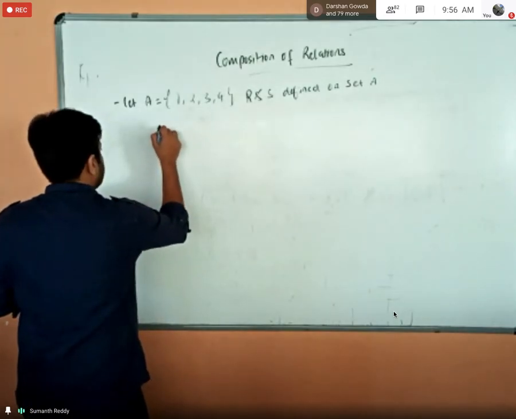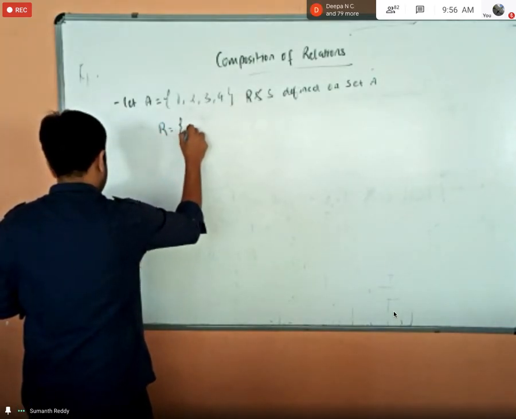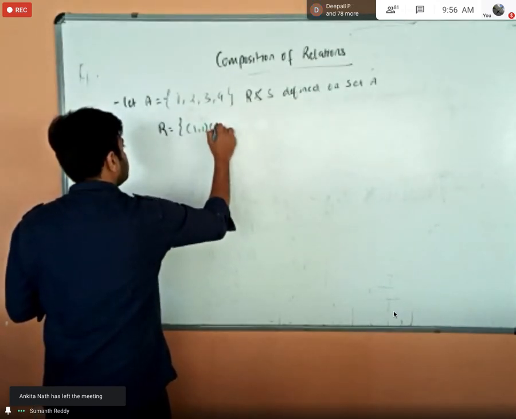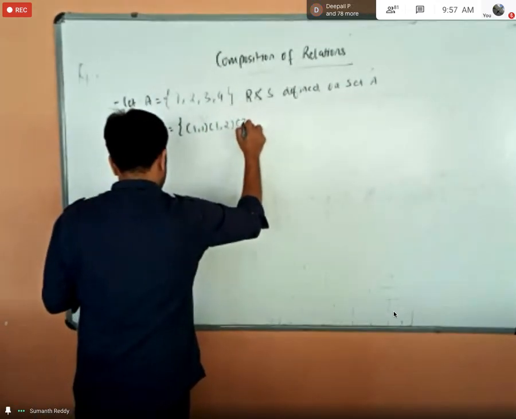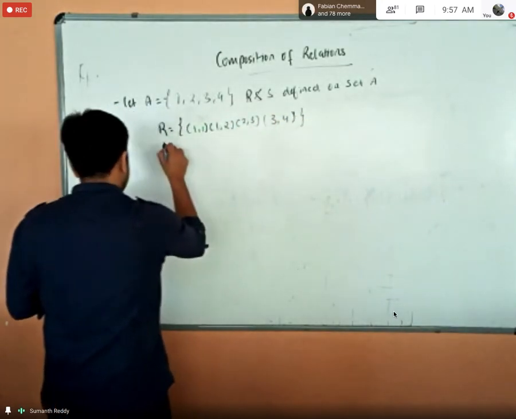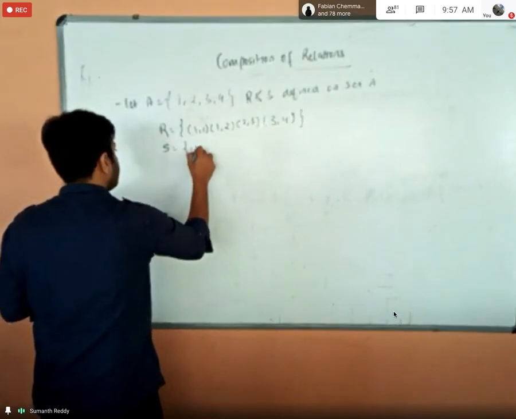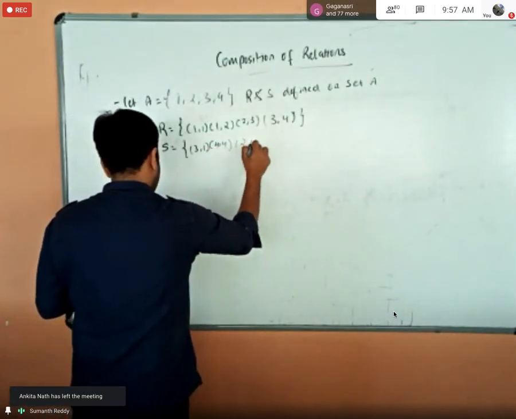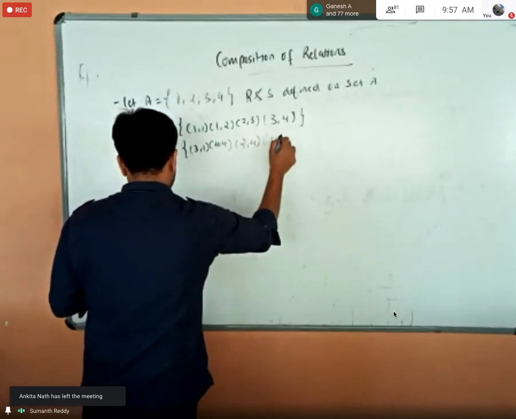Okay, and the relation R is defined by the ordered pairs 1 comma 1, 1 comma 2, 2 comma 3, 3 comma 4, and the relation S is defined by 3 comma 1, 4 comma 4, 2 comma 4, and 1 comma 4.